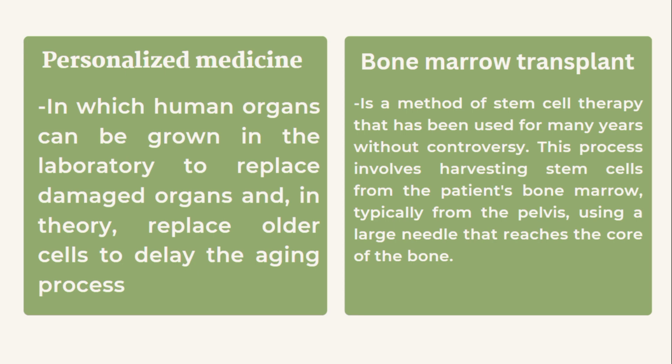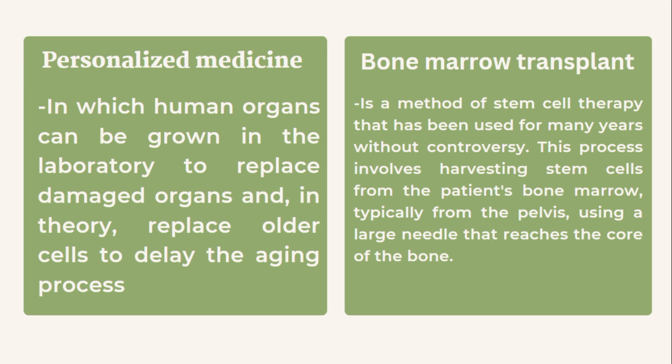Bone marrow transplant. It is a method of stem cell therapy that has been used for many years without controversy. This process involves harvesting stem cells from the patient's bone marrow, typically from the pelvis, using a large needle that reaches the core of the bone.